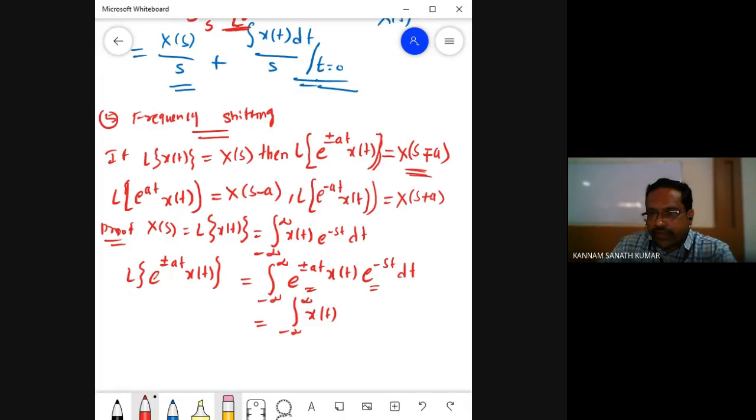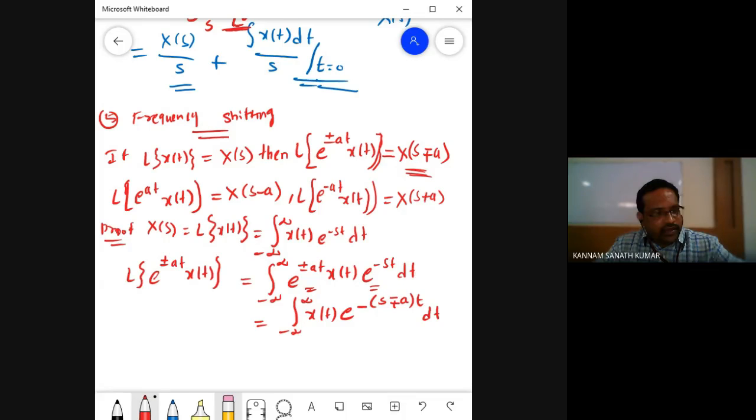So from these two you take minus common. Taking minus common, this becomes integration x of t e power minus (s minus plus a) t dt. Understood? That means a power m into a power n is a power m plus n. From e power minus st and e power plus or minus at, I took minus common.